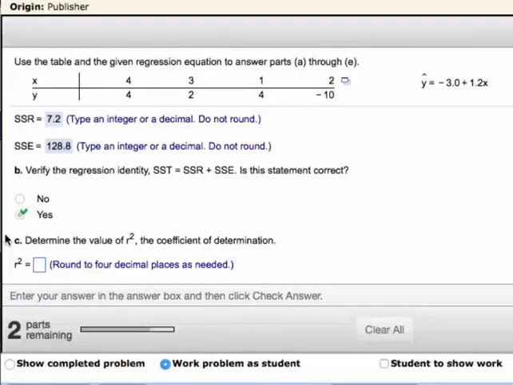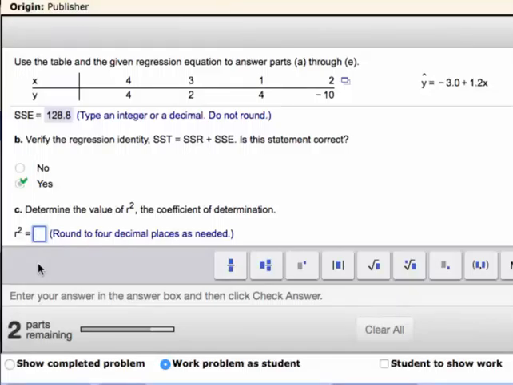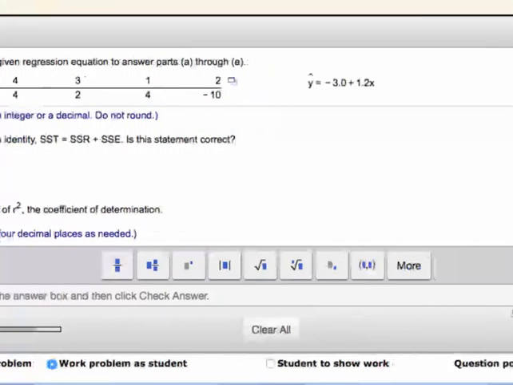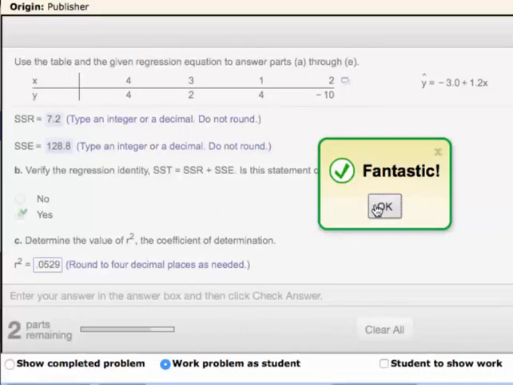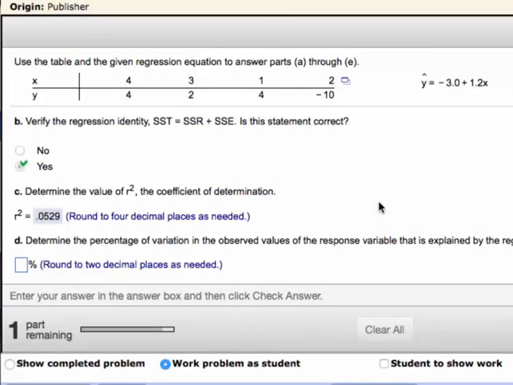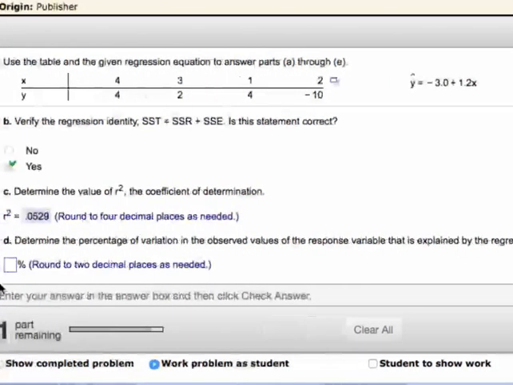Okay. What was our R squared value? 0.05. How many decimal places? 0.0529? I hope they show us the picture of the data. Okay, the percentage of the variation in observed values of the response variable that is explained by the regression.